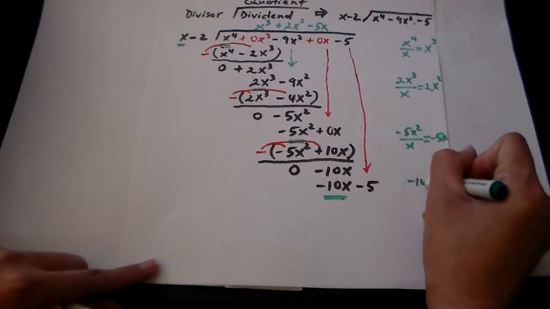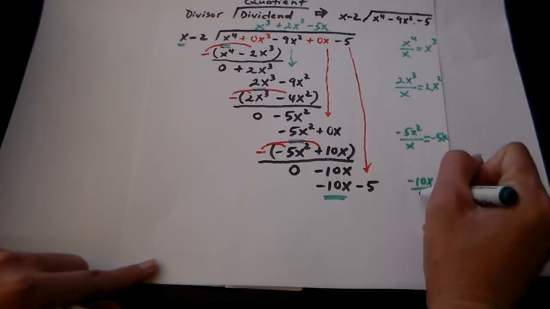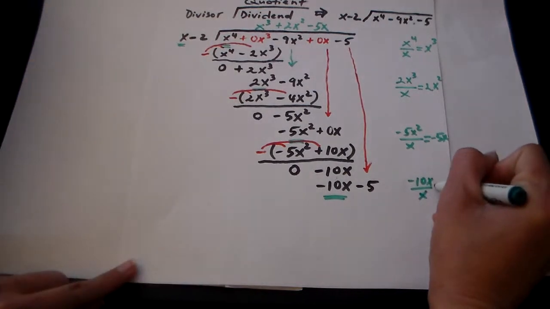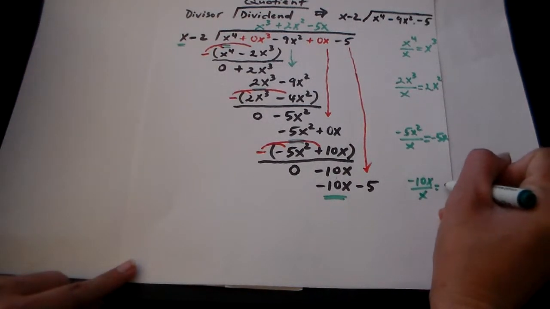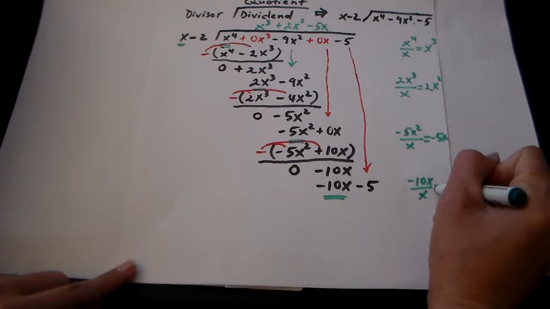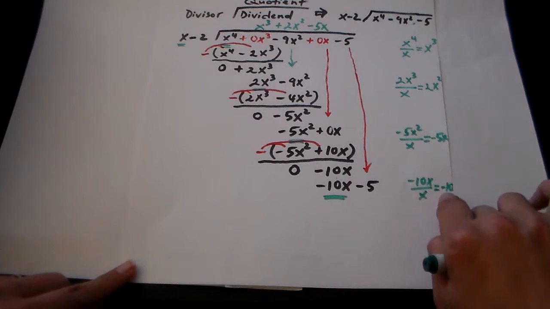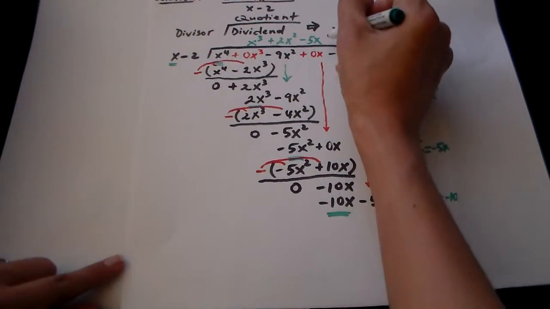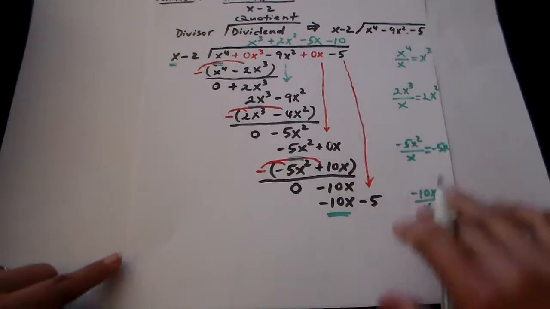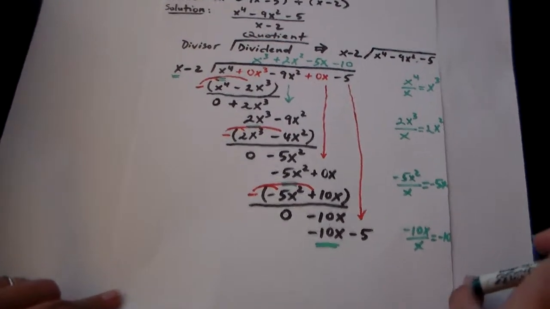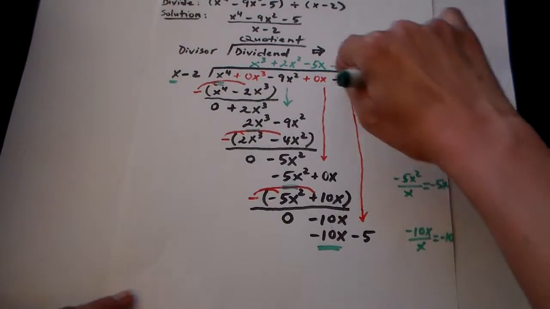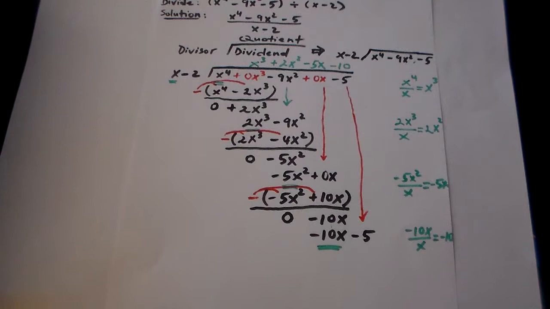So negative 10x divided by x, you would get, let's see, negative 10. So you got negative 10 here, and then put it in the quotient. I just put negative 10 on top, part of the quotient.